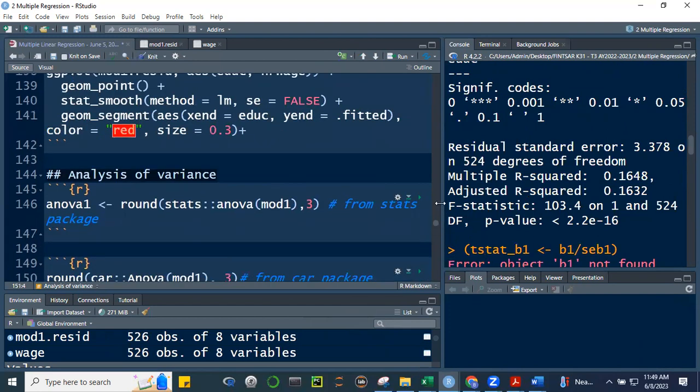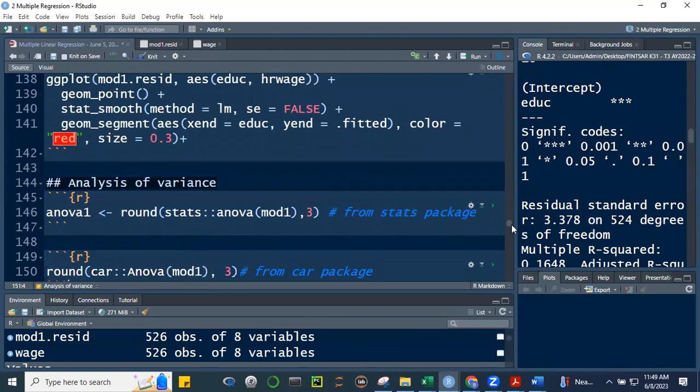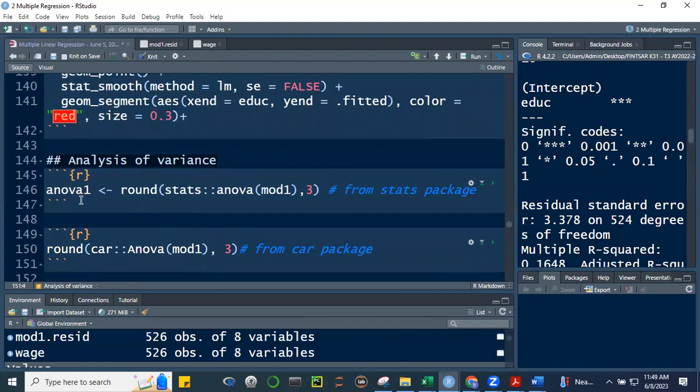So, okay, I don't think I gave this to you, but kindly write this, no? Hindi ko na ika-copy paste para kayo na mismo sumulat. So we're going to create an object called anova1, analysis of variance 1, and then we're going to use the stats package, and then the function is anova(model1).